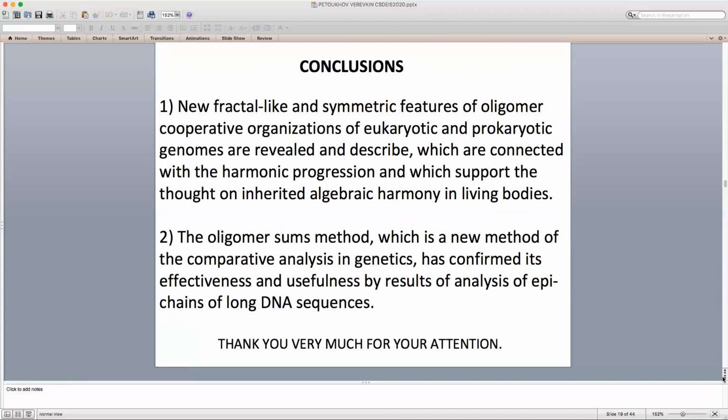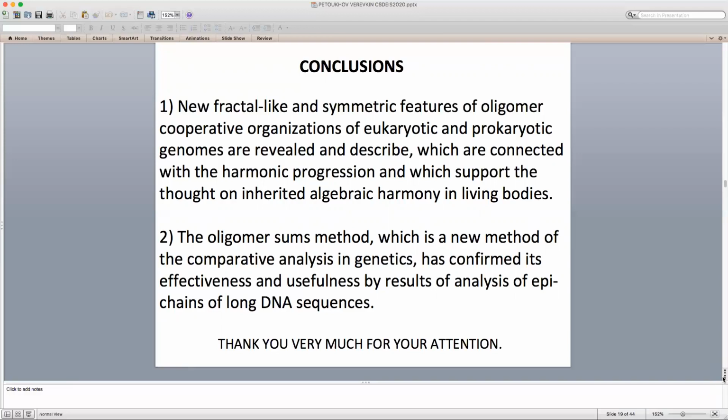Conclusions. New fractal-like and symmetric features of oligomer cooperative organizations of eukaryotic and prokaryotic genomes are revealed and described, which are connected with the harmonic progression and which support the thought on inherited algebraic harmony in living bodies.